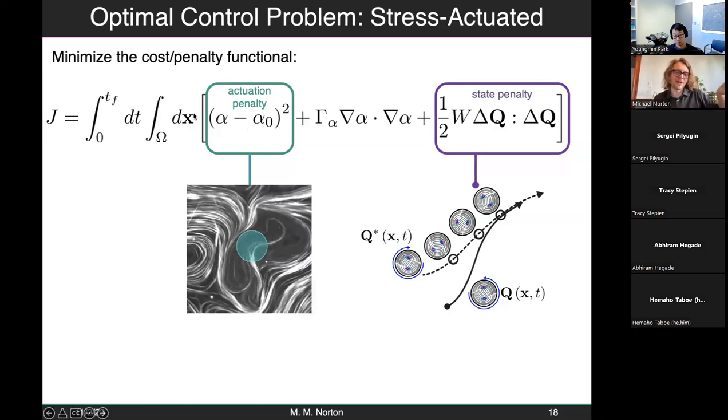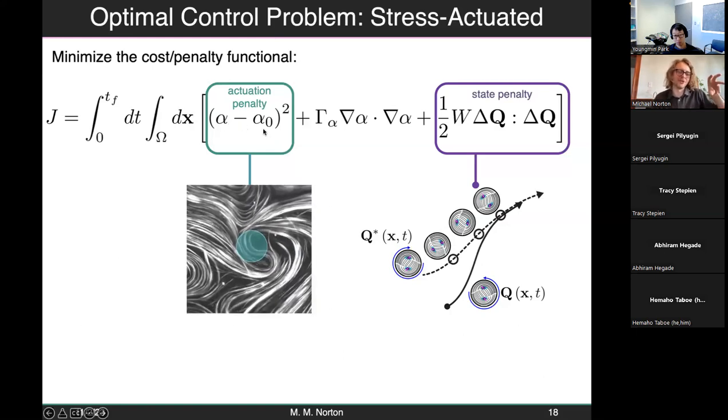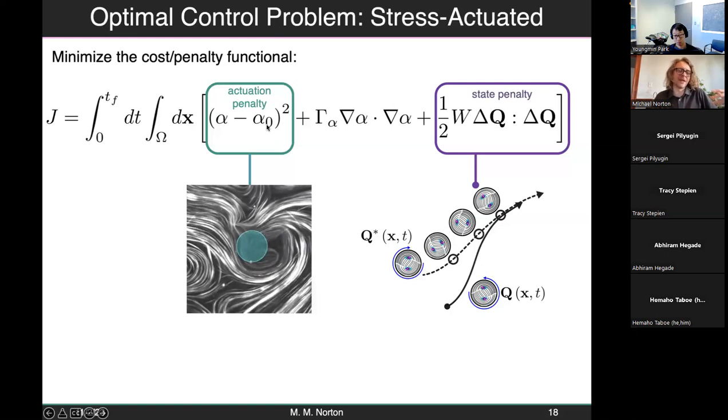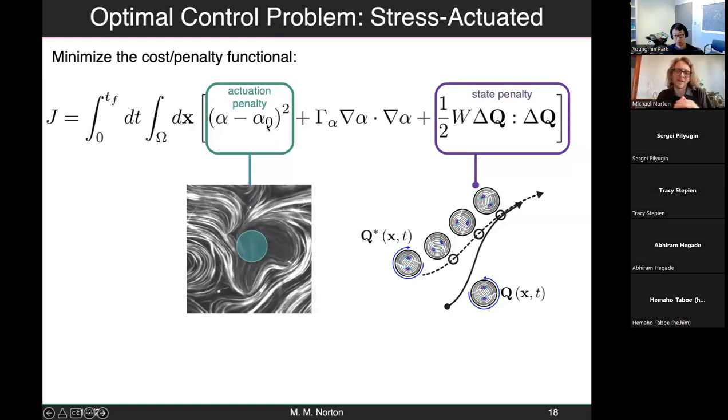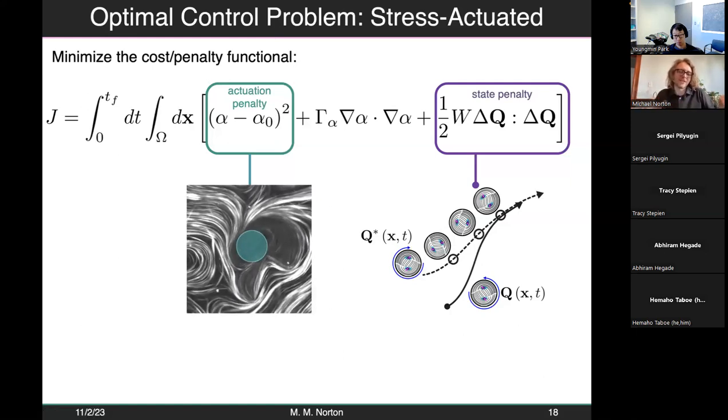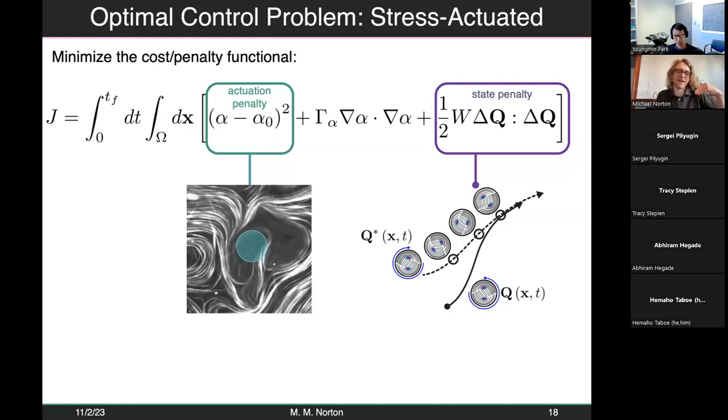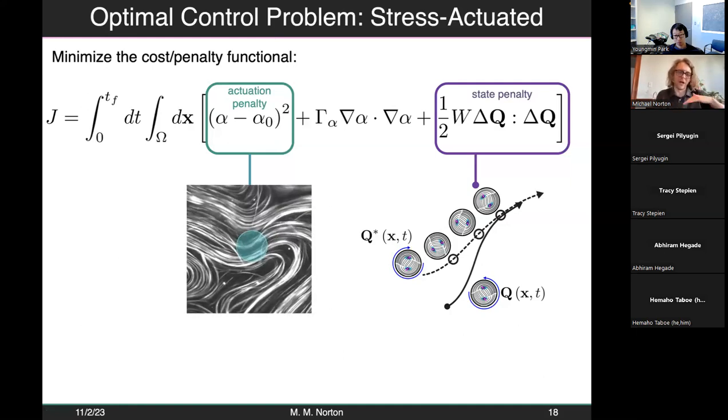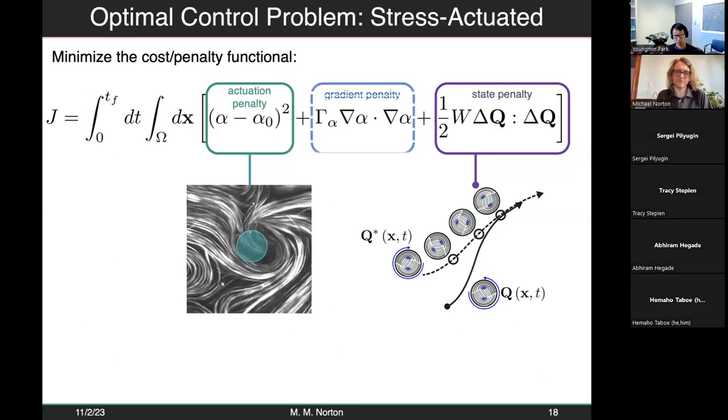So I've penalized the activity relative to the baseline activity that gives me the attractor that I want, right? I need some base amount of activity to have these two attractors, and so I'm just penalizing around that level.